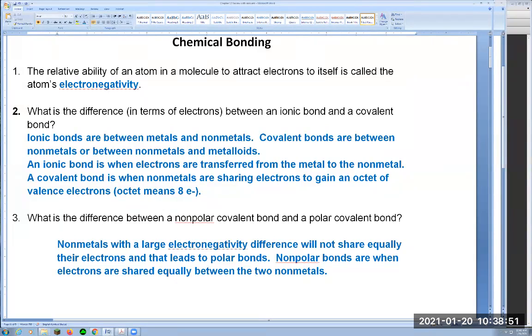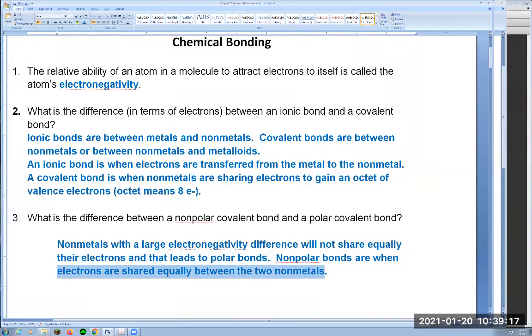The nonmetals will not share their electrons equally, and that leads to polar bonds. If the two nonmetals have similar electronegativity, then the electronegativity difference will be close to 0, and then the electrons are shared equally between the two nonmetals, and we call these nonpolar bonds.